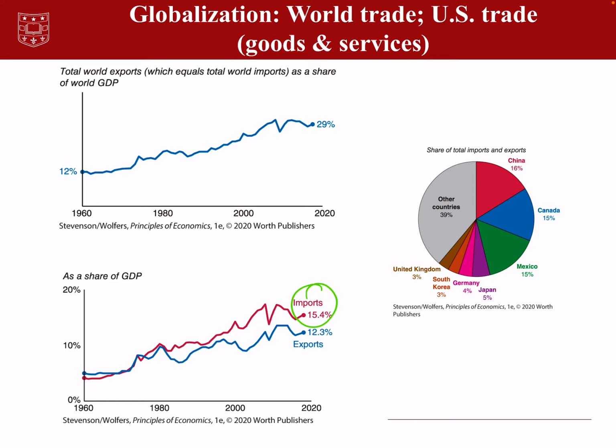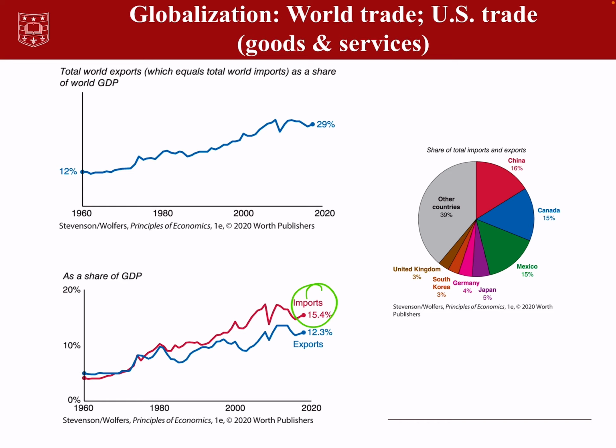But if you look at the material in that first section, you'll also know that for the US, imports and exports as a percentage of GDP are small relative to many other countries. And so trade is an important determinant for the performance of the US economy.